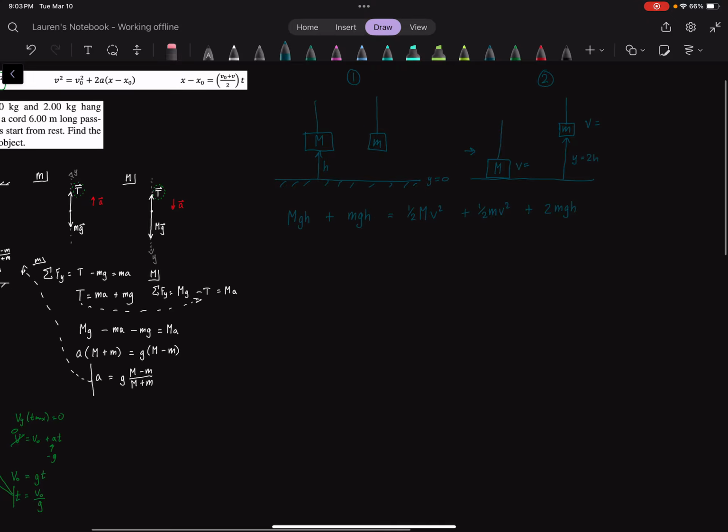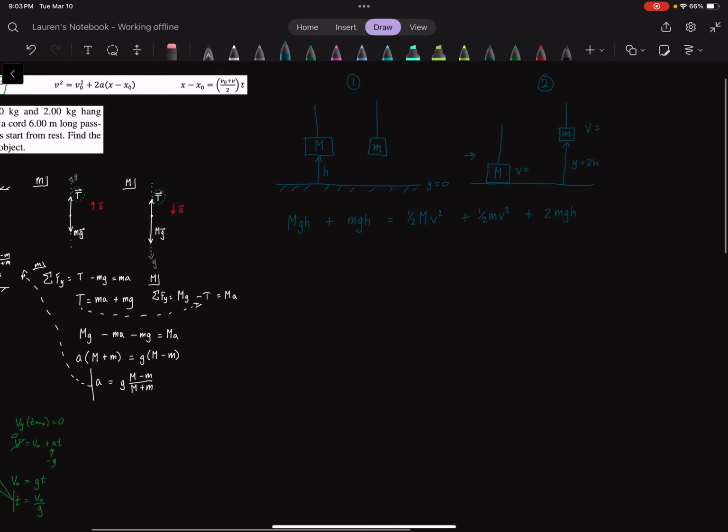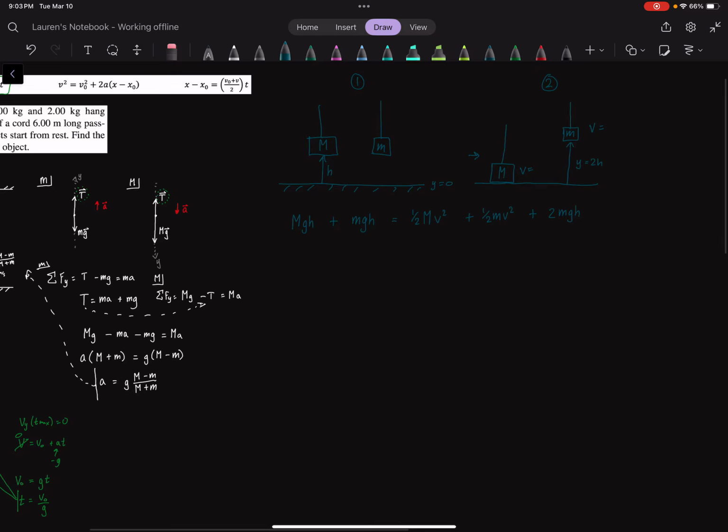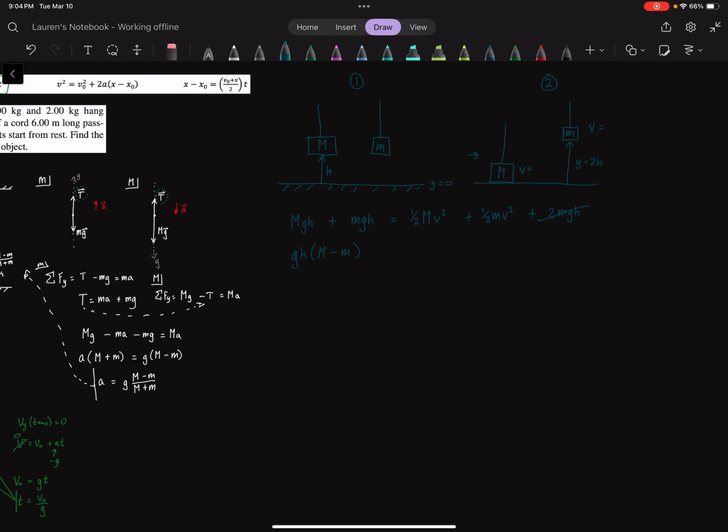Okay, and we have h, we have both masses, and we can solve for the final velocity. So we have g h, big M plus little m here. Oh, and in fact, this little m g h on the right is going to cancel out and make this a minus here. So that takes care of all those terms. And then say we bring the halves over to the other side.